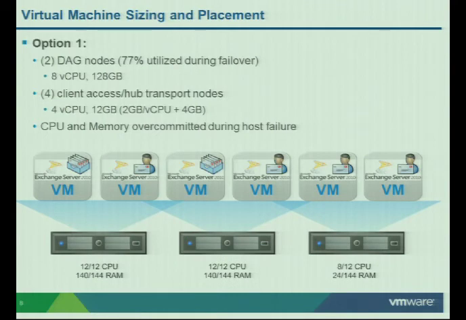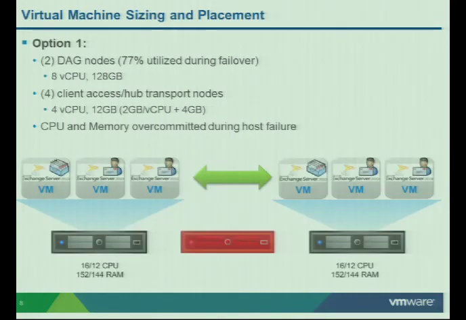I need the extra compute on the right side for the client access hub transport servers, but really, if I were to lose one host and I didn't bring up that second DAG node, I would really be in the same boat as I would have been in a physical environment. I still have all my users running on a single VM, and that VM has been sized in a way that it's capable to run all 10,000 users.